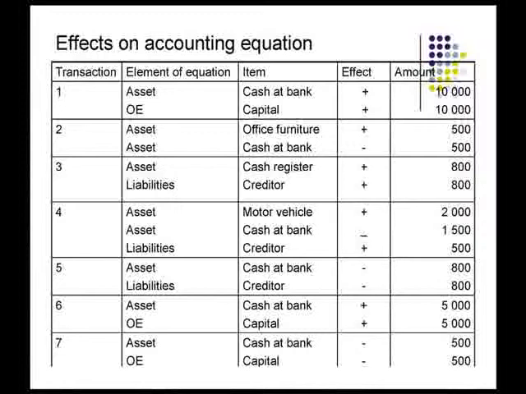Then seventh, the owner withdrew 500 kina. Then what will happen to the cash? Decrease by 500. And owner's equity also reduced by 500.